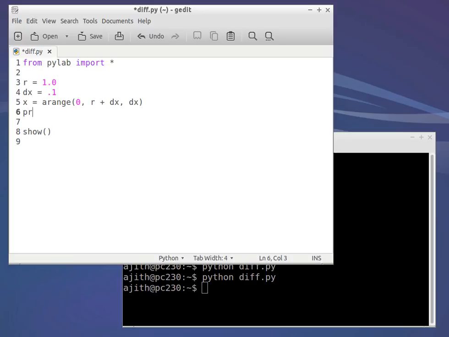So let us print this. So I should know what it is. So there is nothing to show. So I'm not plotting it, or you can even plot it actually. Say plot x. Oh, plotting you need y also, right? So let us make y also. What is our y? y is equal to square root of 1 minus x square, right?